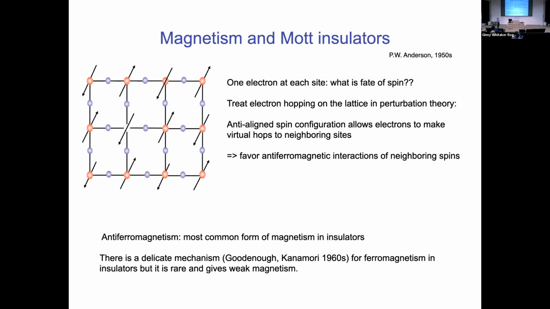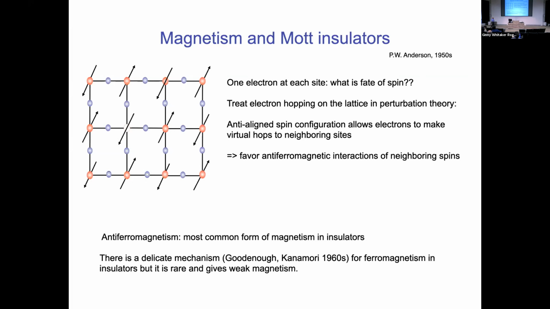And the fate of the spin is understood by treating the electron hopping in perturbation theory around this Mott insulating state. And as Anderson pointed out, at second order of this perturbation theory, you get the superexchange interaction, which tends to line neighboring spins up antiferromagnetically, right? And this is the standard story. It gives rise to antiferromagnetism as the most common form of magnetism in insulators.